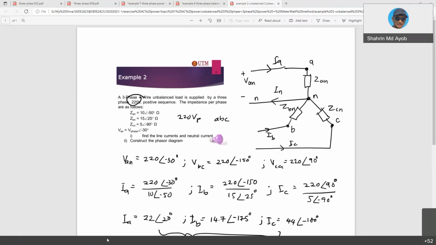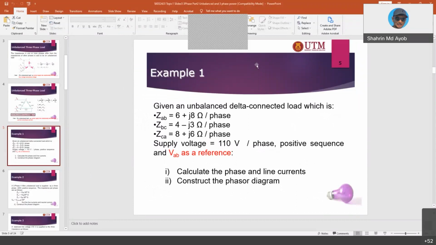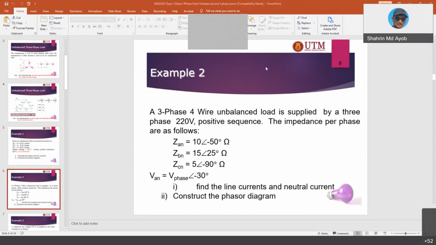For this one, example 1 here, I have already discussed it in the pre-recorded video. This is straightforward. I only share with you example number 2. Example number 2, I have already uploaded in the e-learning.